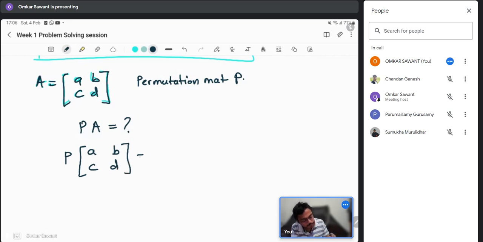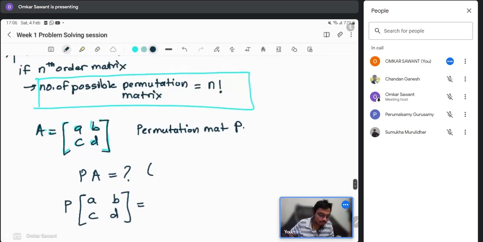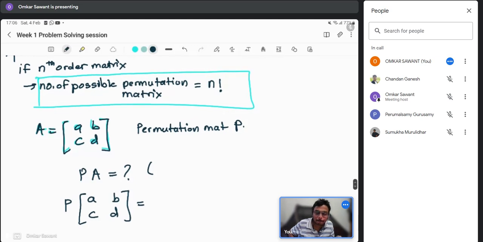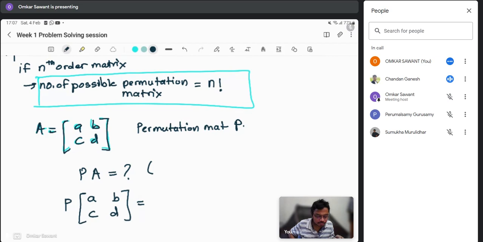What am I doing here? Sir, it's not clear. Okay, what is P into A? I am multiplying P on the left hand side.